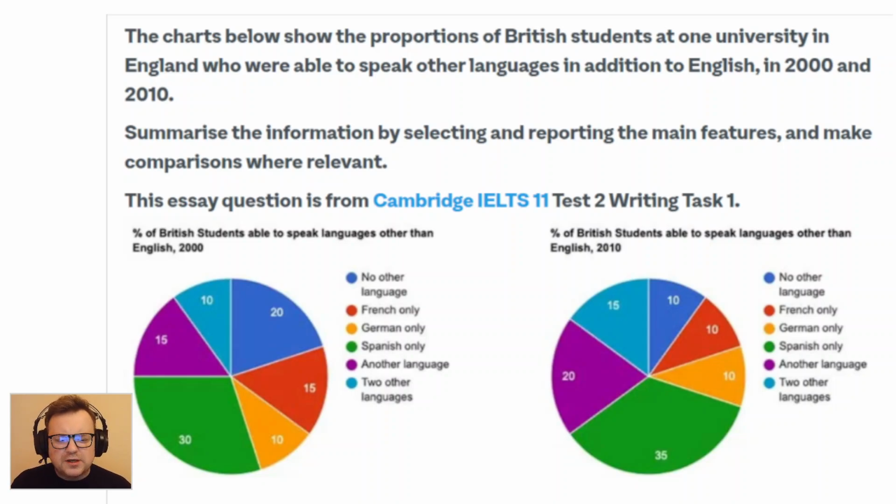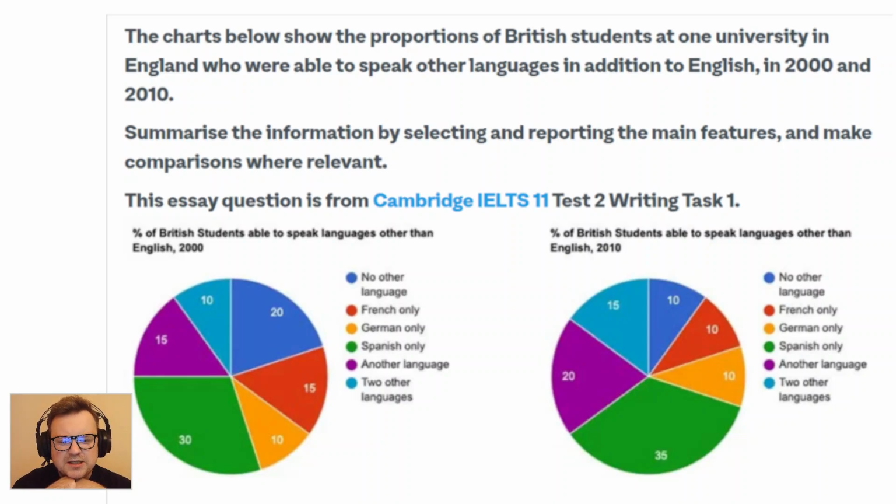So when we're thinking about an overview and some general information, that's what I think. The overview is that the British students at this university, in 2010, a higher proportion of them could speak at least one more foreign language compared to 2000.